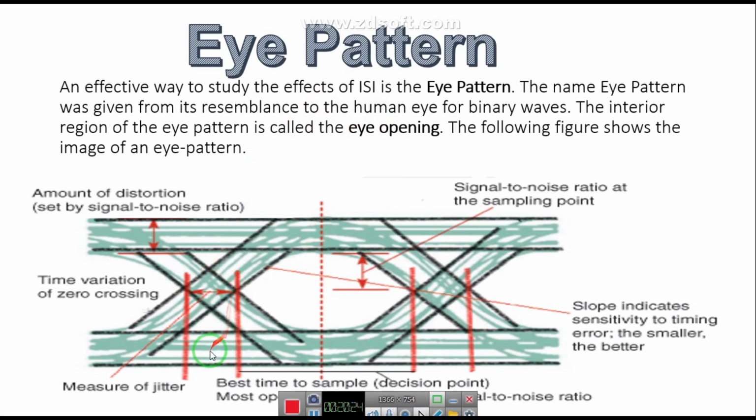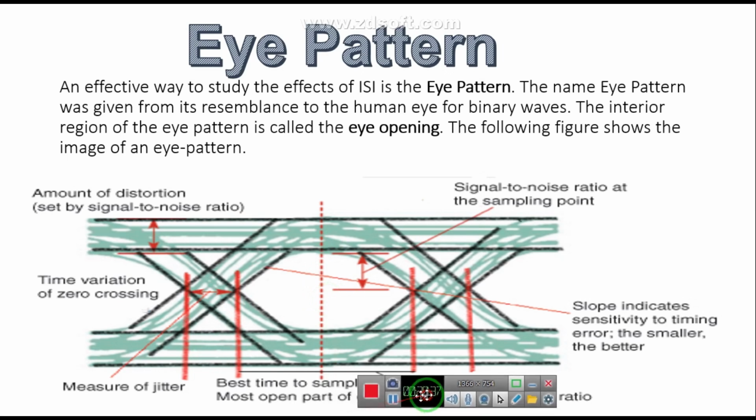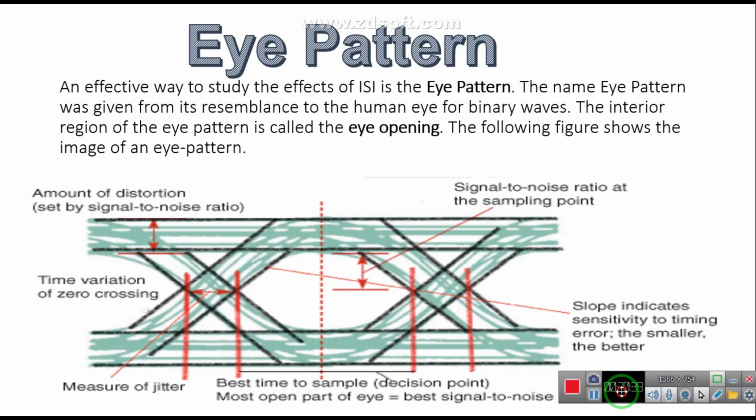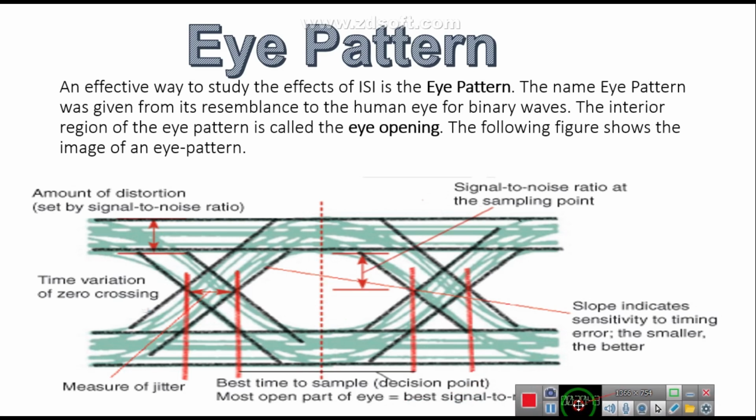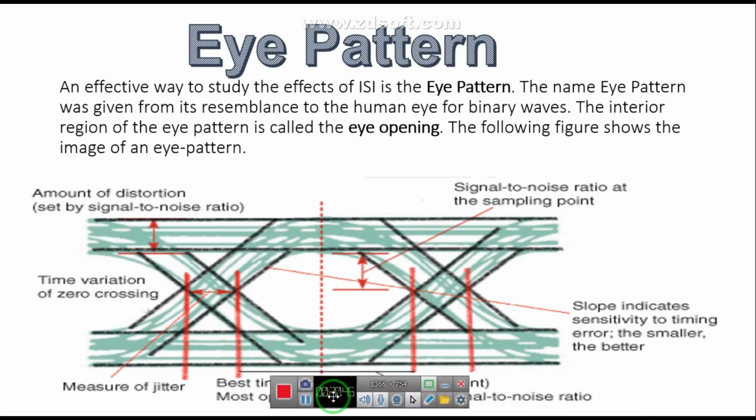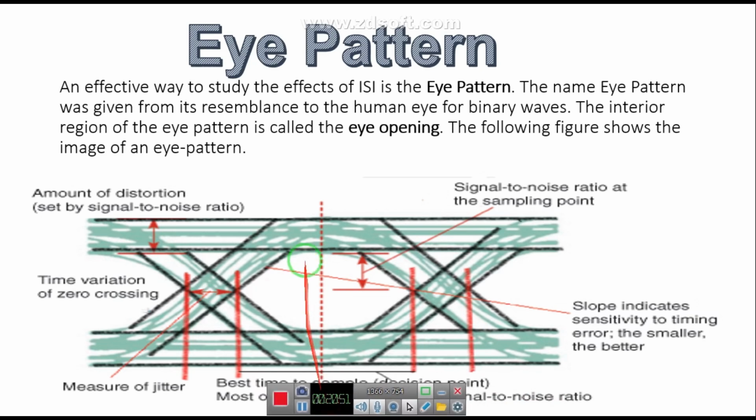Now the width of this eye opening defines the time interval over which the received signal can be sampled without an error due to what? ISI. So the best time for sampling is when the eye is what?